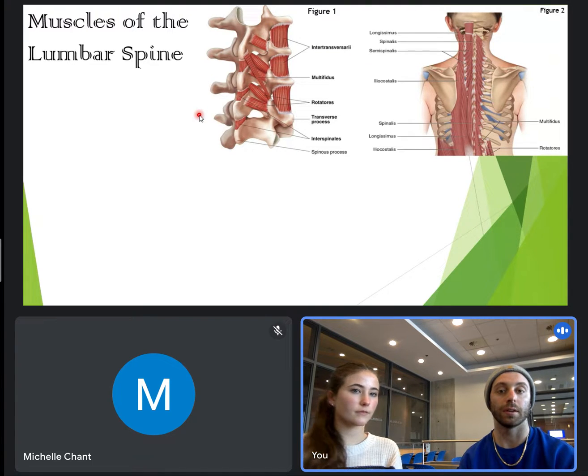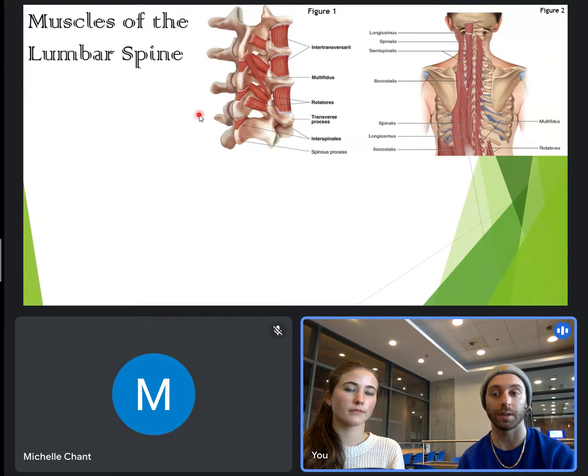So now that we learned the deep intrinsic muscles, we are going to talk about all the muscles in the lumbar spine. So starting off with the erector spinae muscles, there are 3 of them. So from lateral to medial, it goes iliocostalis, the longissimus, and the spinalis.